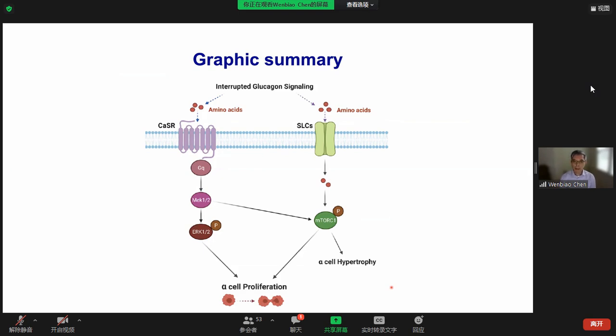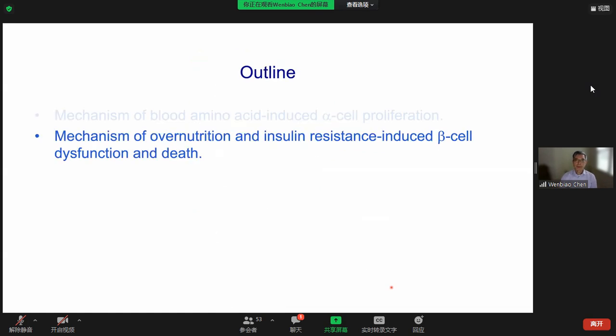And there are also other interesting observations we found in this project that I'm not going to go very deep into, suggesting there's a crosstalk between these two pathways. So this study identified a novel function for KSR in amino acid sensitivity and also amino acid mediated alpha cell proliferation. And now I'm going to move on to the next topic on beta cells.